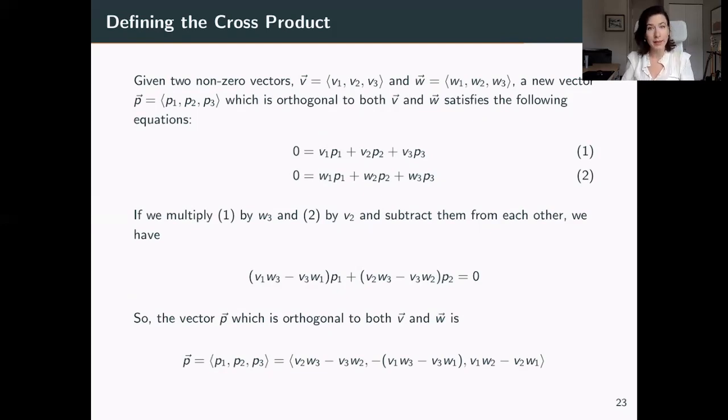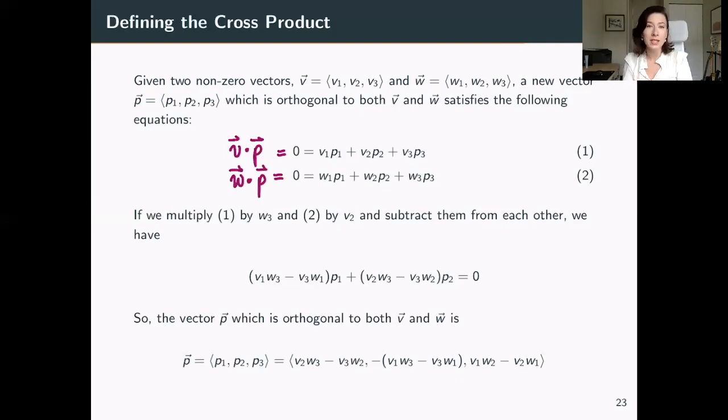So assuming that we have a vector p which is orthogonal to both v and w, we have the following equations. The first being that our dot product of v with p is going to be 0. And secondly, that our vector w, when it is dotted with p, will give us 0.